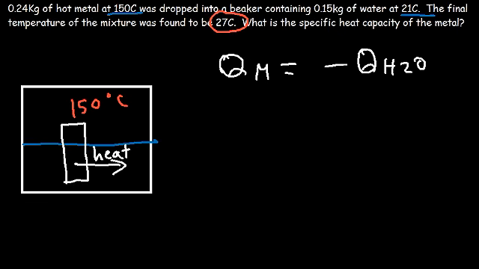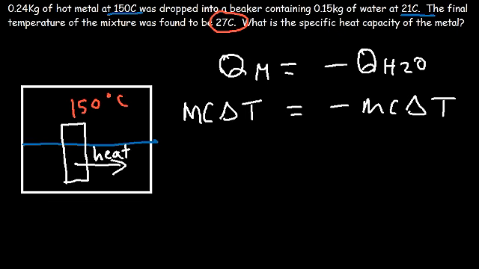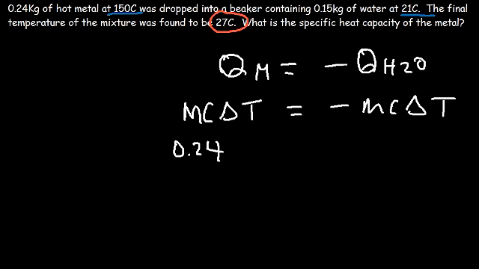So let's begin. Now, we're not dealing with a phase change. We're only dealing with a temperature change. So we could say the mcΔT value of the metal is equal to negative of the mcΔT value for the water. Now, we do know the mass of the metal. It's 0.24 kilograms. We're looking for the specific heat capacity of the metal.